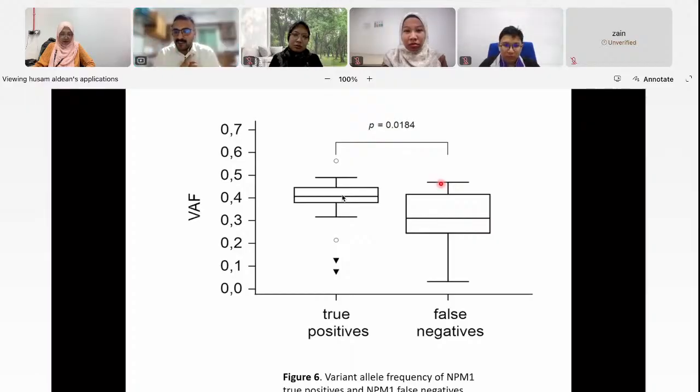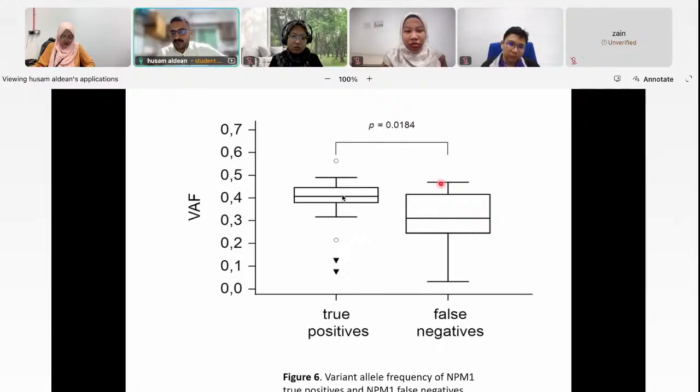Okay, we agree with that, right? For the cells misclassified by the model as wild type NPM1, they have a low variant allele frequency.